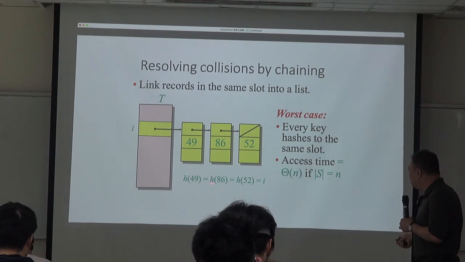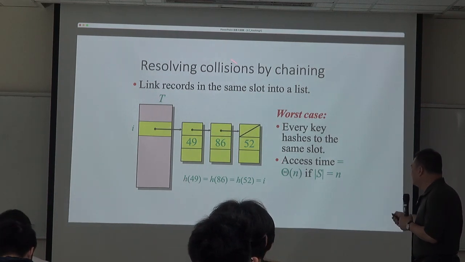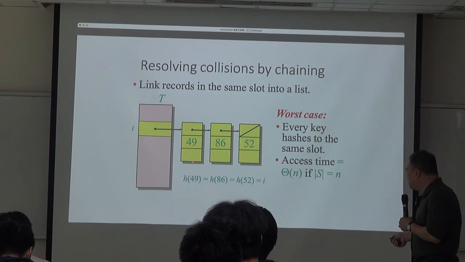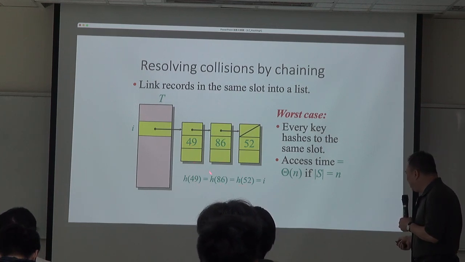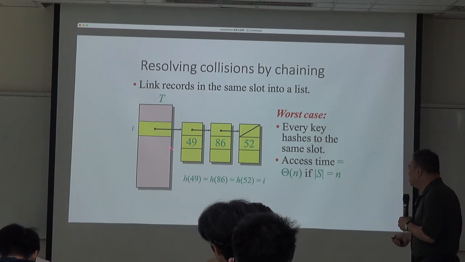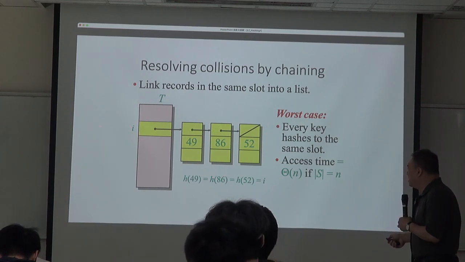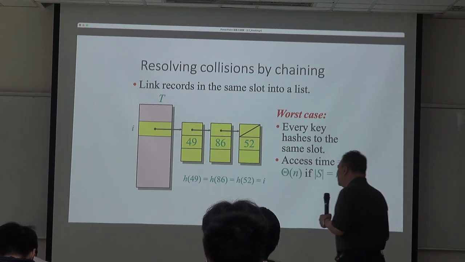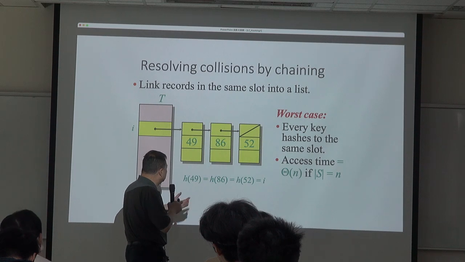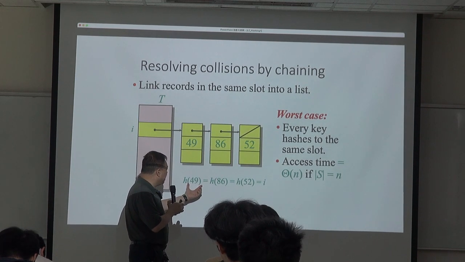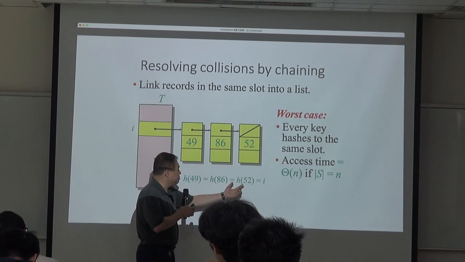In this particular example, you can see key 49, key 86 and key 52 happen to be mapped to the same index i, and they are inserted in the order of record 49, then record 86, and then record 52.